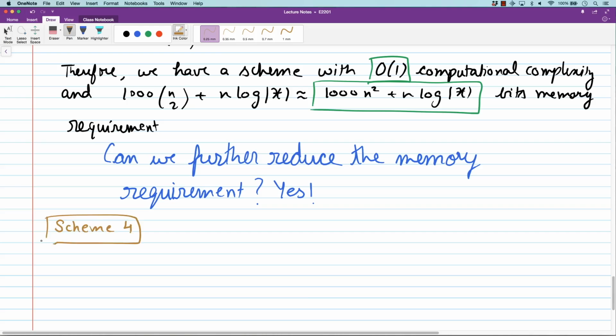Now this scheme 4 is very much like scheme 3, but instead of using a single hash table, it uses hierarchical hash tables, a hierarchical data structure.